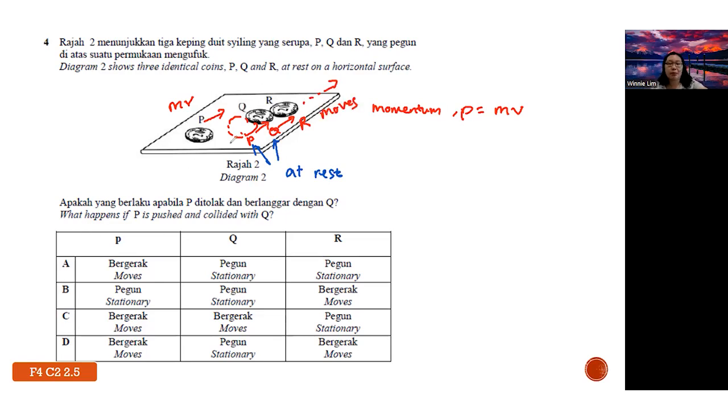Therefore, which is the proper answer from the options? Like I mentioned, you will have the answer as stationary, stationary, move. So it's B.